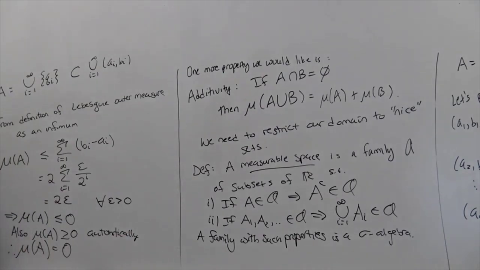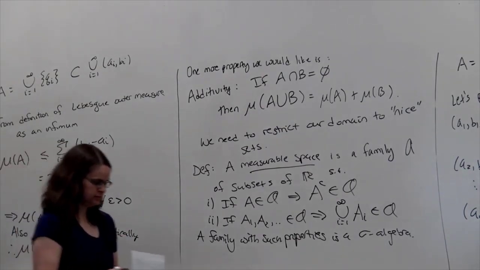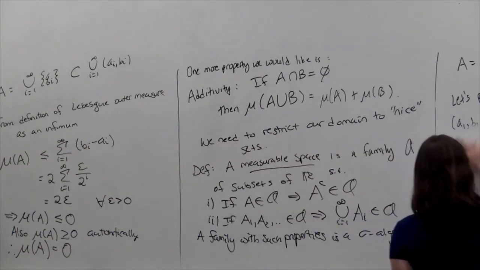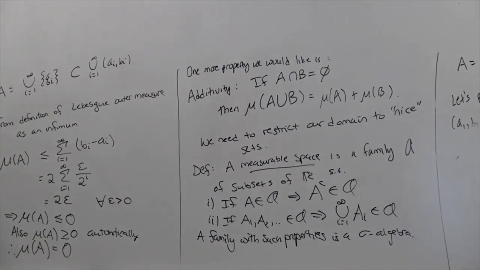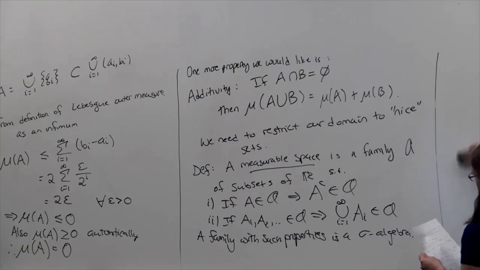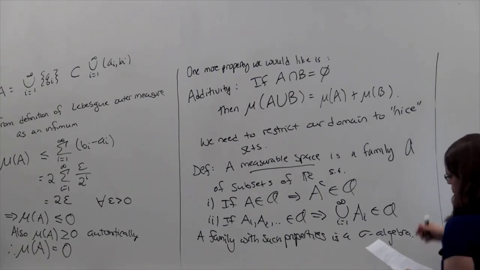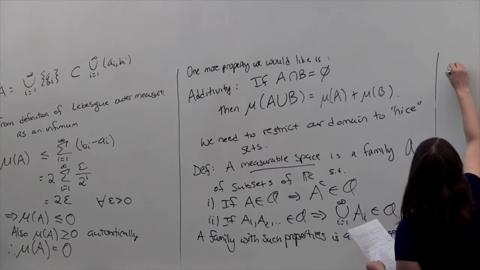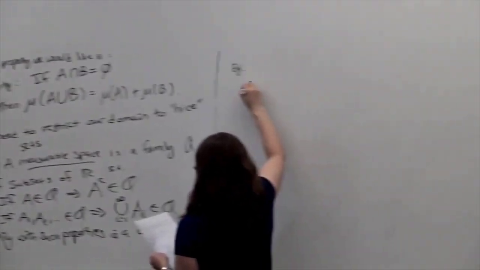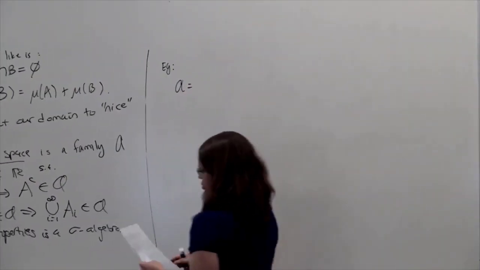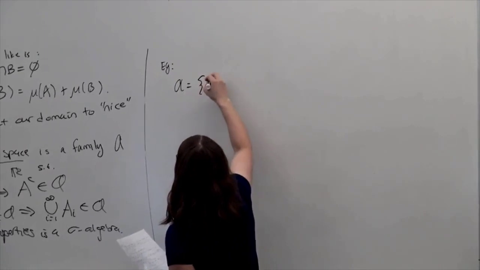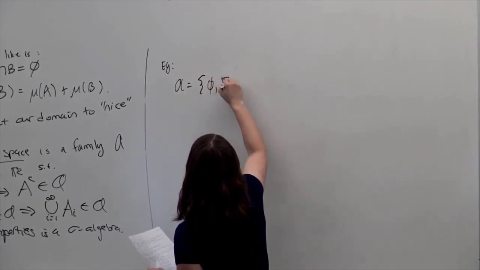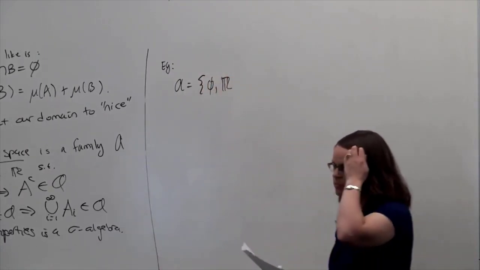Okay, there's lots of ways of doing this. You know, for example, I could take as my collection, well, I should always have the empty set, and okay, I'll take the set of all reals.